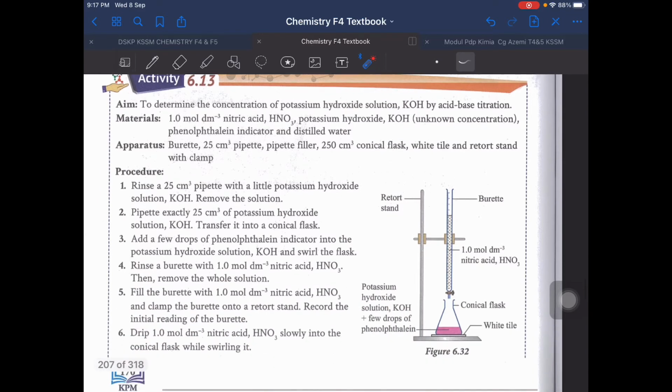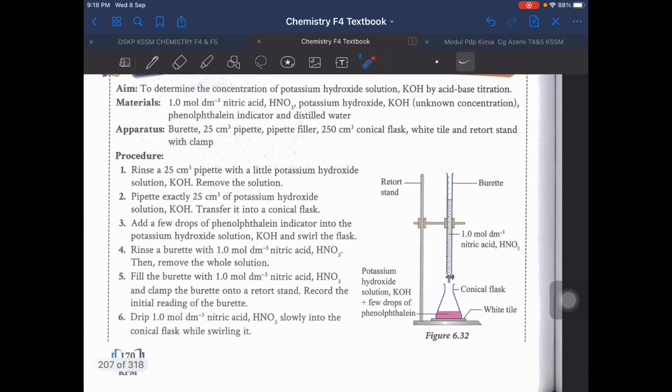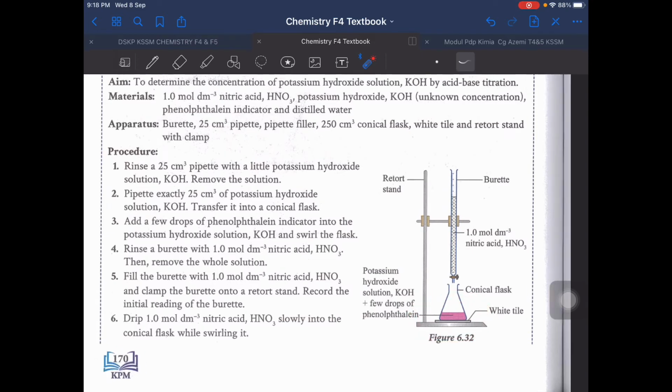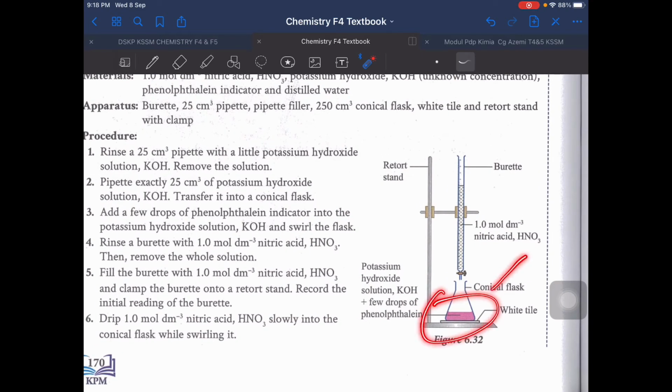Bila kamu nampak ada perubahan warna yang terjadi di sini, okay, as in this picture, it showed here pink color. So, sebenarnya, bila satu takat akhir sudah dicapai, the end point is reached, maksudnya, kedua-dua ini sudah homogeneous. Okay, di dalam conical flask ini sudah neutral.